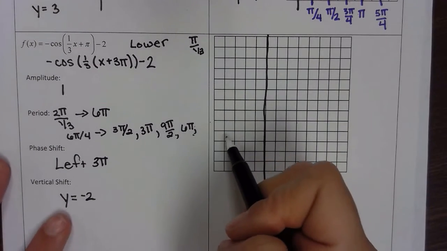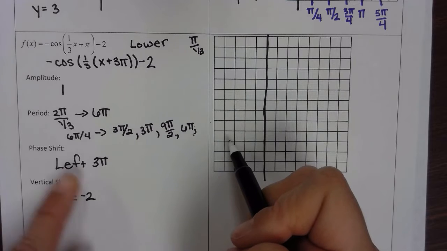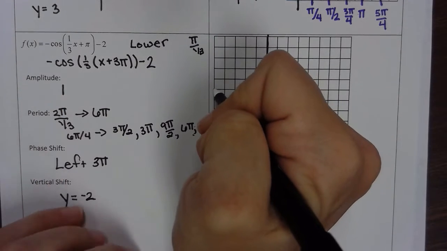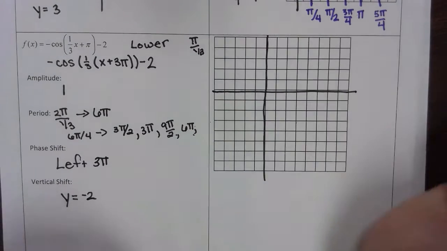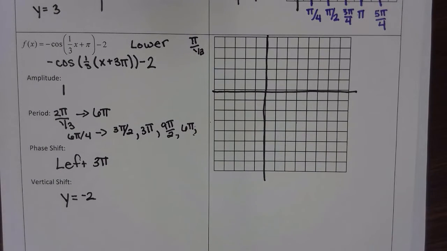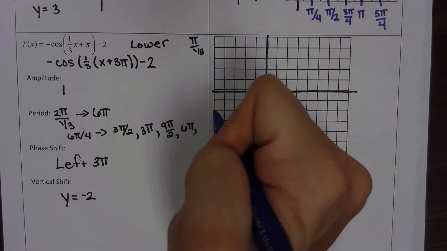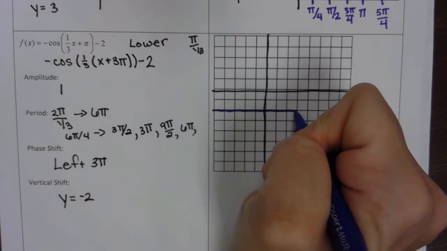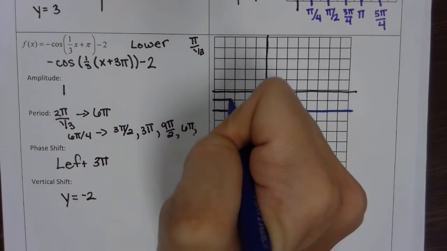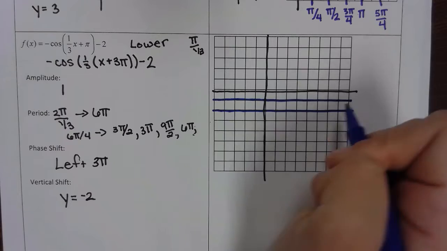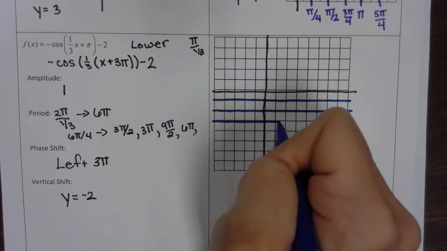We are going down 2 for our midline, not 1, so let's put the x-axis a little bit higher. The midline is at -2.